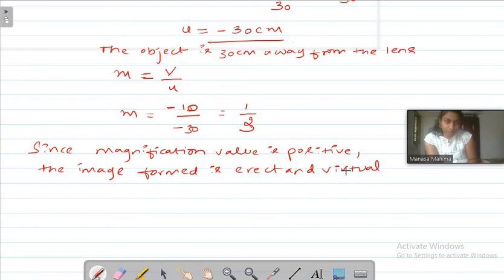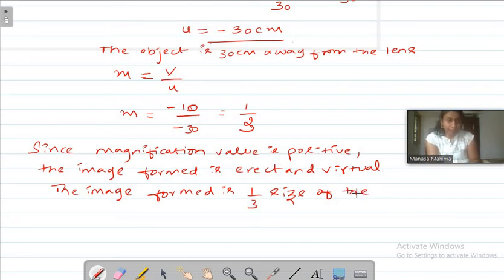Okay, and what else can we write? The image formed is 1/3 size of the object. Okay, we are getting a smaller image. Compared to the size of the object, the image formed will be smaller. It is 1/3 size of the object.